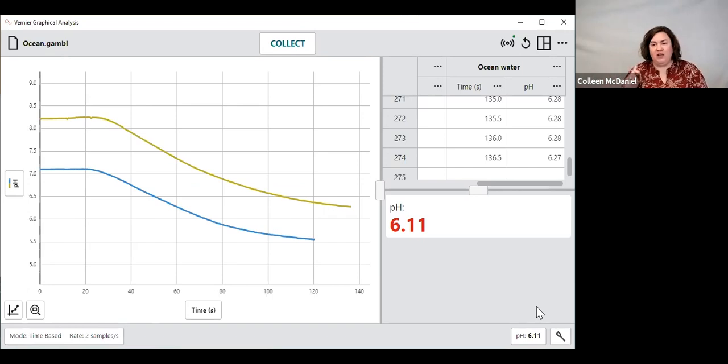So one other aspect of this experiment that is not written in the procedure, but is one that I like to throw in there, is because a lot of times you have students who wonder, well, what do you mean excess CO2? Because there's always CO2 in the atmosphere. So if we were just to put atmospheric CO2 in here, it would still change, right?